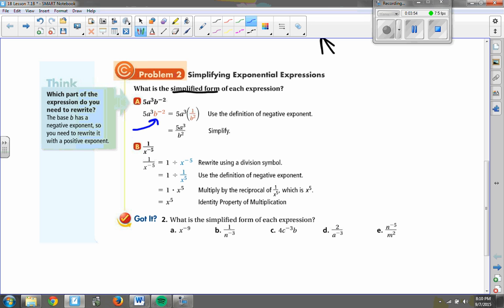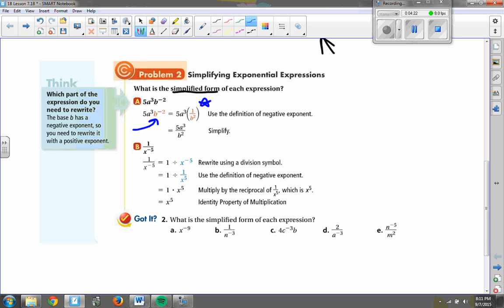So we know, based on the rule that we looked at on the last page and in the last video, that b to the negative 2 power is really the same as 1 over b to the positive 2 power, which we can see right there on the right side of that equal sign. 1 over b to the positive 2 instead of b to the negative 2 power.